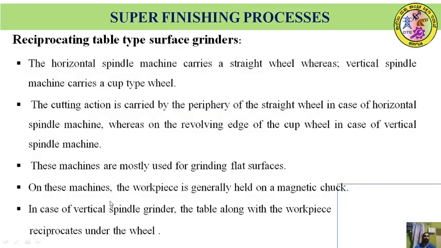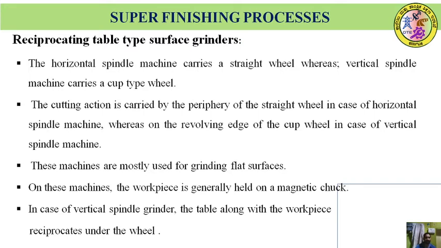Reciprocating table type surface grinder. The horizontal spindle machine carries a straight wheel, whereas the vertical spindle machine carries a cup type of wheel. The cutting action is carried out by the periphery of the straight wheel in case of the horizontal spindle machine, whereas it is by the revolving edge of the cup wheel in case of the vertical spindle machine.